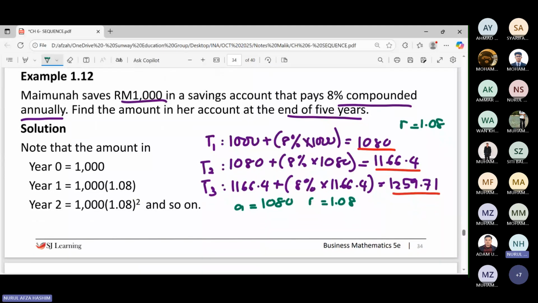Okay, so find the amount in her account at the end of 5 years. After 5 years, so it's going to be T5. After 5 years of investment, it's going to be a r power of n minus 1. So a here is 1080. r here is going to be 1.08. Power of 5 minus 1 is going to be 4. How much going to be?